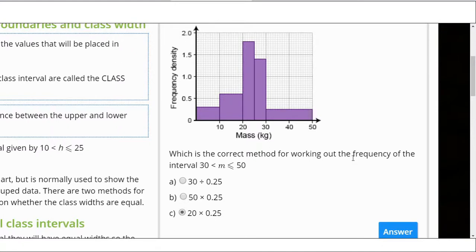Because to find the frequency, it's the inverse of finding frequency density. You know that the frequency density is frequency divided by the width, right? So to find the frequency, the reverse, you multiply the width by the frequency density. So this is the width, 50 subtracted by 20, by 30 times 0.25, the frequency density.